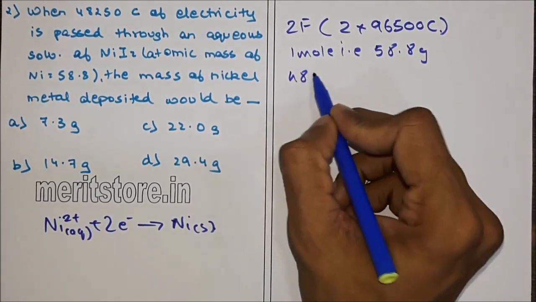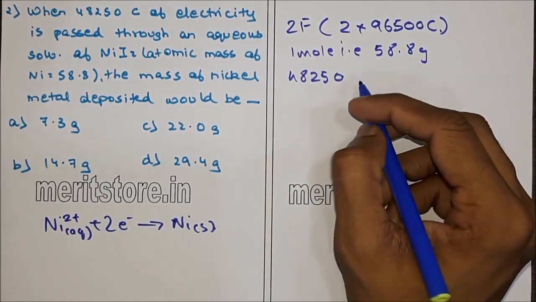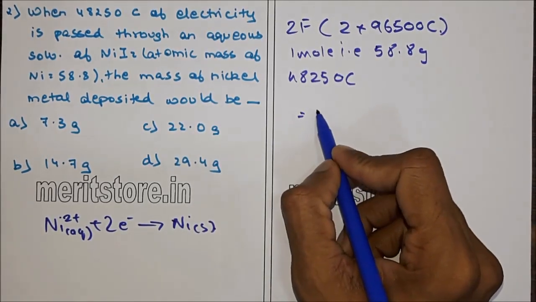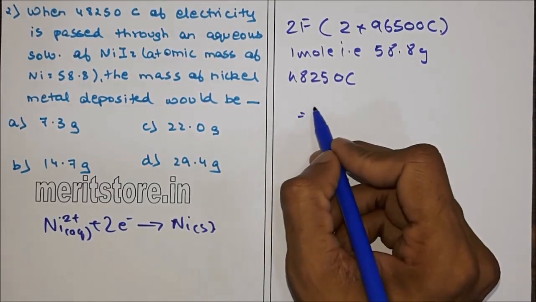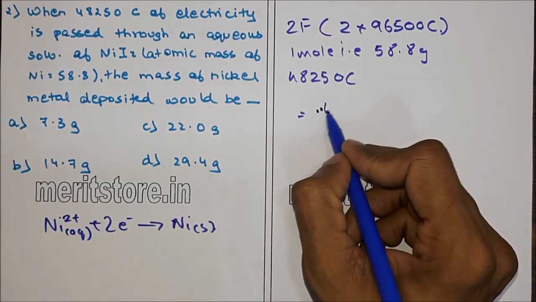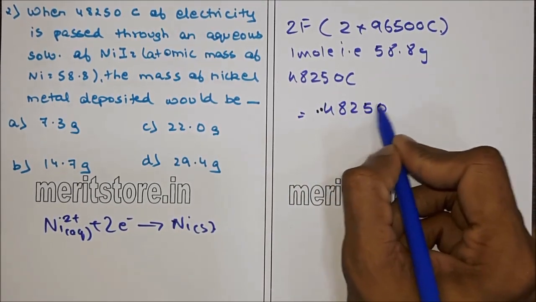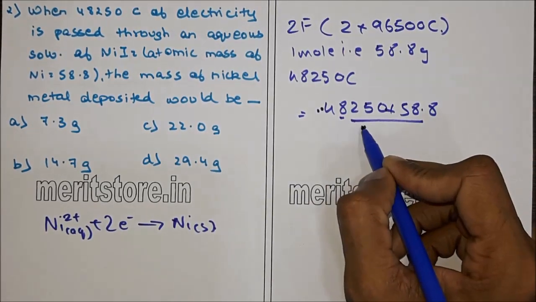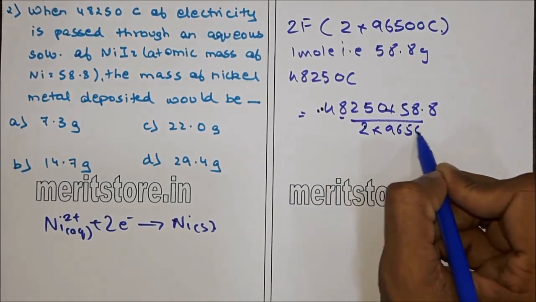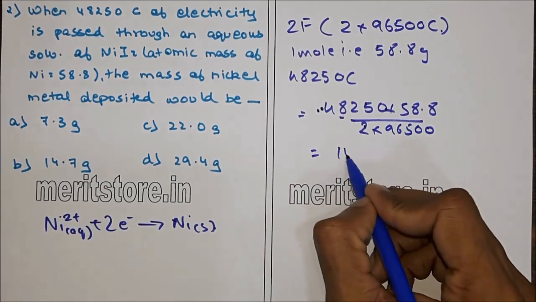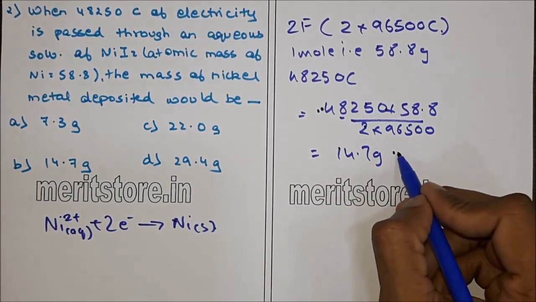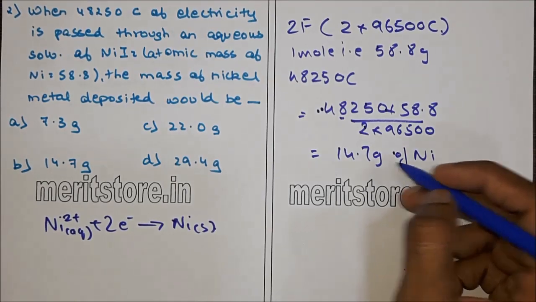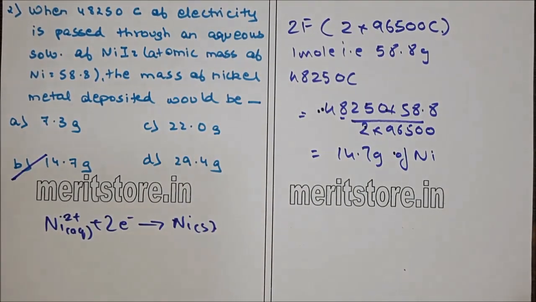So 48,250 coulomb of electricity will deposit 48,250 into 58.8 upon 2 into 96,500, which is equal to 14.7 grams of nickel, which we see our answer matches with option B. Therefore, option B is the correct answer.